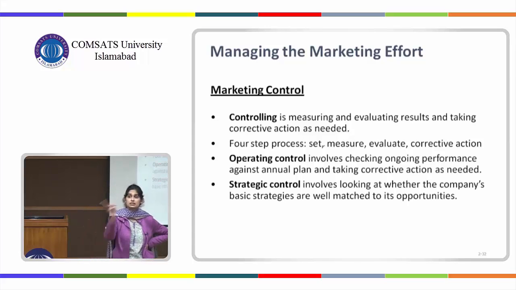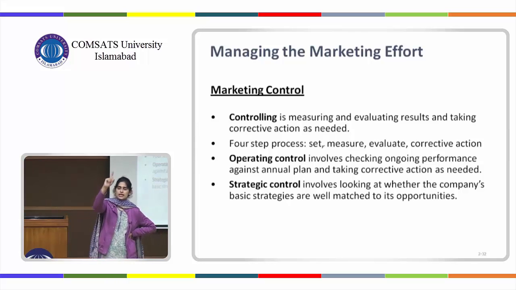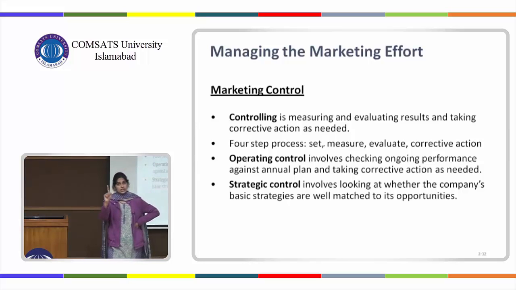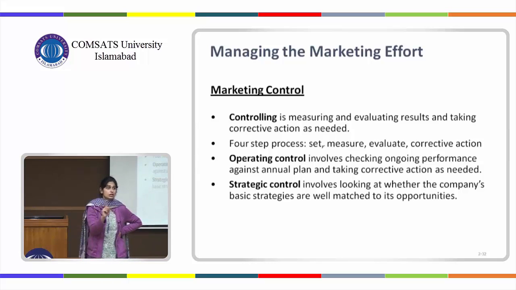Then what do you do? You measure what you have done, your performance with the goal that you have set for yourself. So your goal was that you had to sell 100 units this month. That was your goal. Did you actually sell or not? Let's say you sold 80 units. That means you measure that you sold 80 units. In the next step, what you do is you compare what you've done to your goal, right?